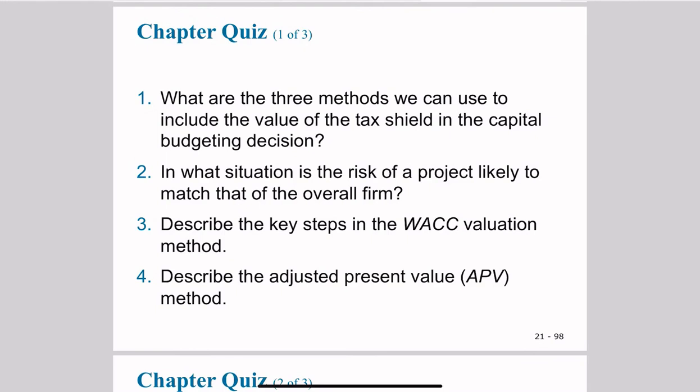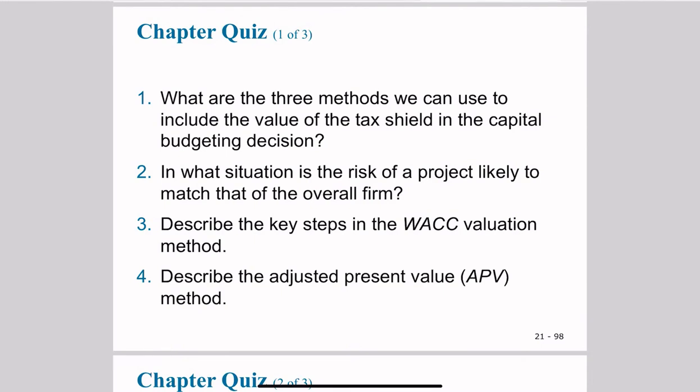But if we assume the firm has fixed, predetermined debt levels in future, then in this case, debt levels are predetermined. So the risk of the interest tax shield is just the same as the debt itself. So you will use the debt cost of capital to discount those interest tax shields.